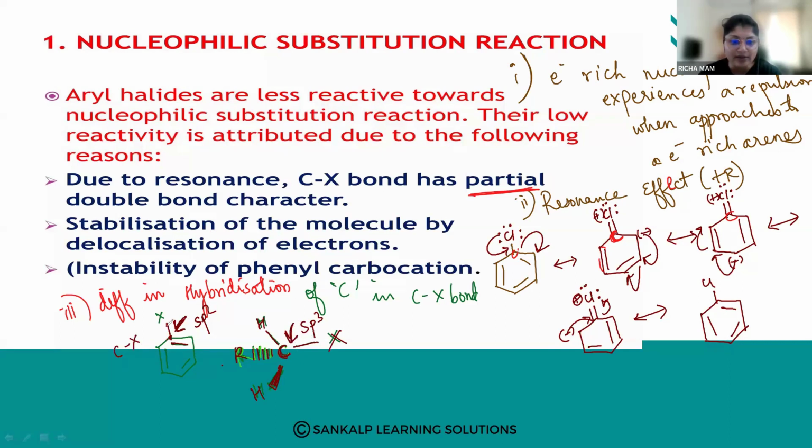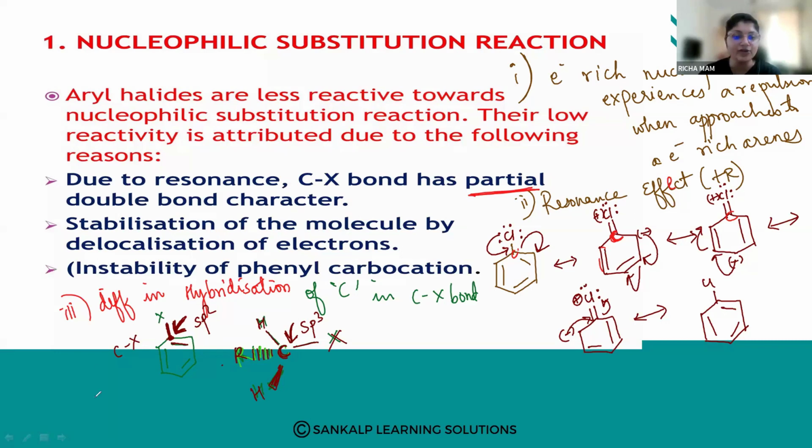It is very difficult to break the bond in the case of the sp2 hybridized carbon, because the electrons are tightly held. So this is another reason why haloarenes are less reactive towards nucleophilic substitution reaction.